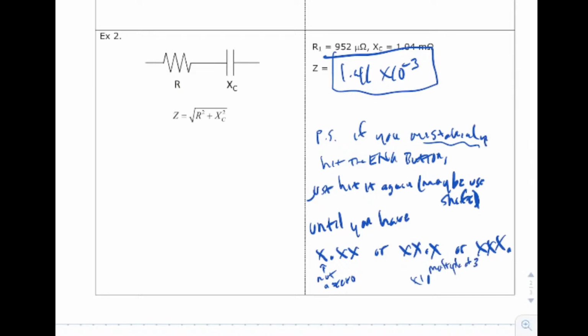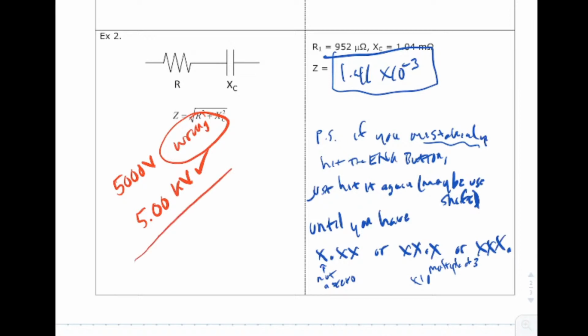That's when you stop. So again, let me make this very, very clear. 5,000 volts is wrong. What you would write is 5.00 kilovolts. That's what you would write, okay?